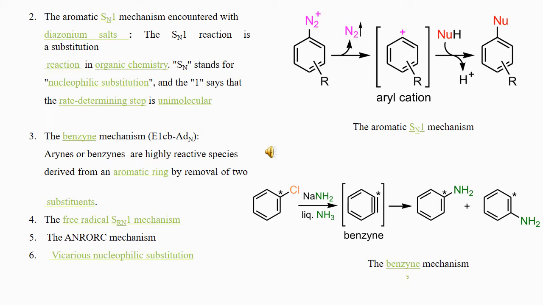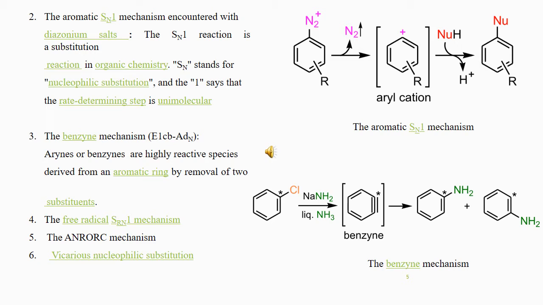Now the SN1 reaction is a substitution reaction in organic chemistry. SN stands for nucleophilic substitution, and 1 says the rate determining step is unimolecular. And if you remember, the unimolecular are two-step reactions and bimolecular are single-step reactions. So whenever there will be SN1, immediately it should come to mind that it is unimolecular, which comes when there is only one molecule in the rate determining step.